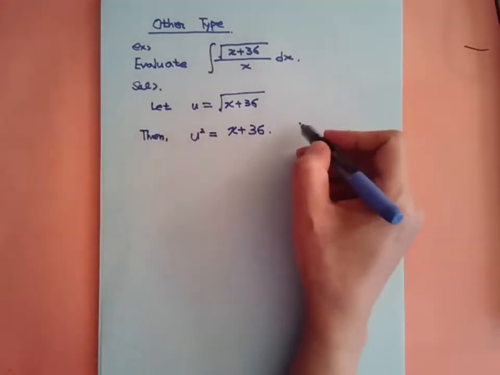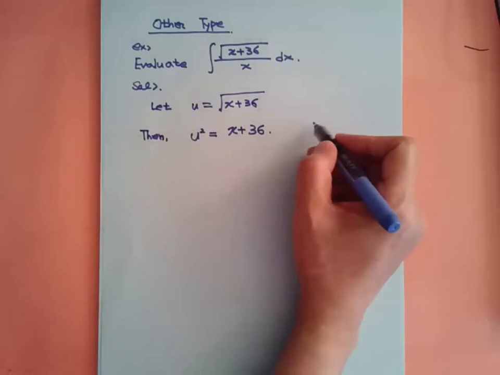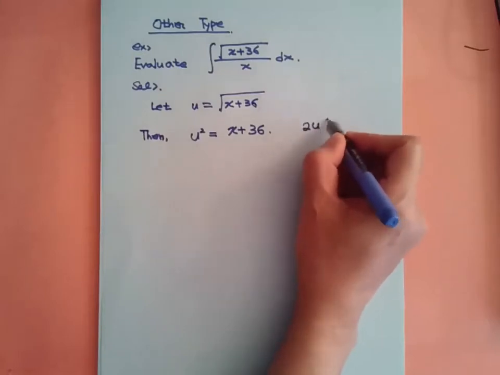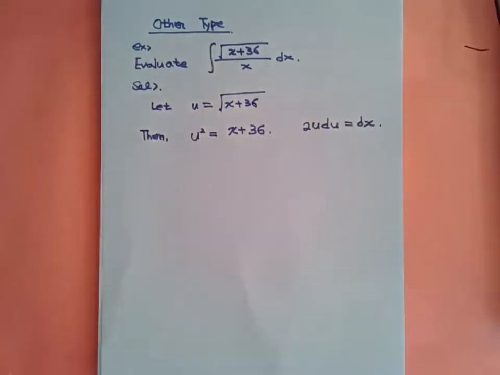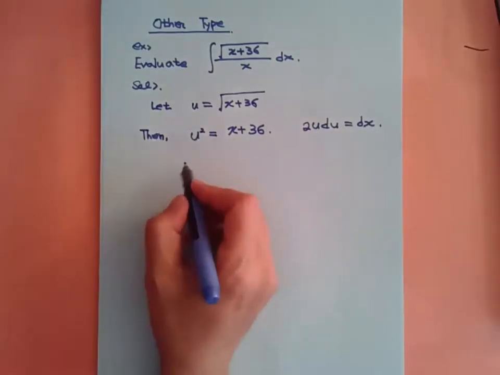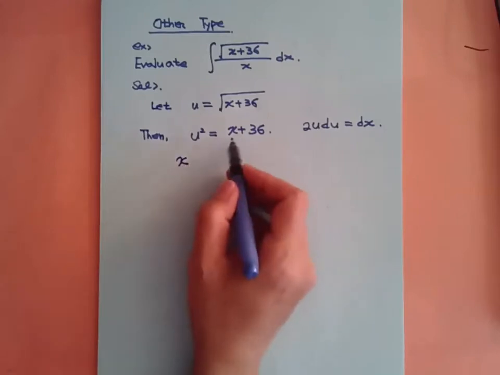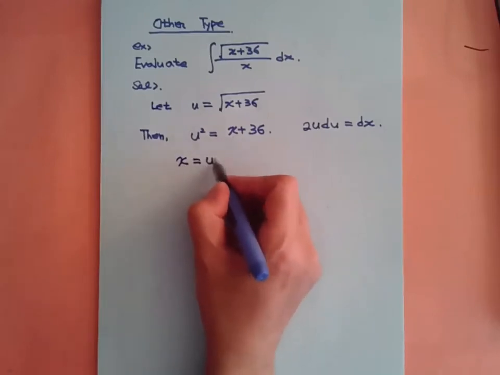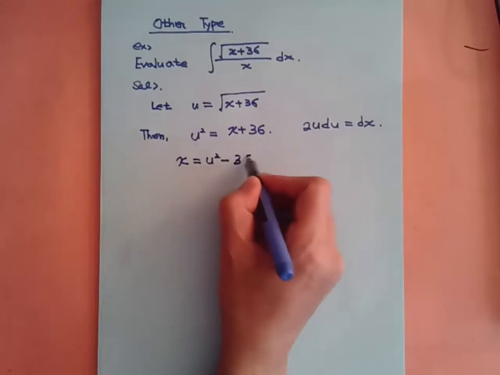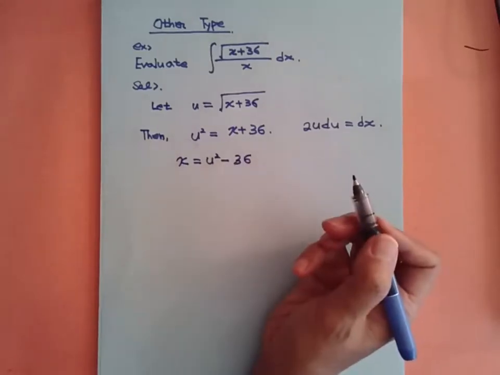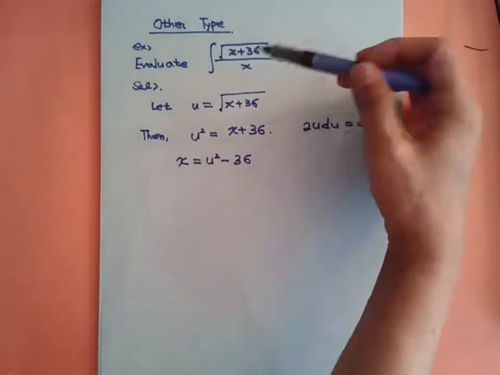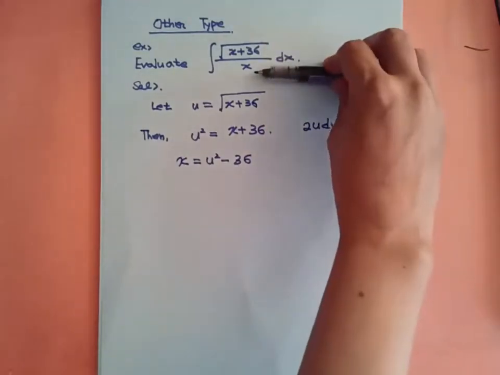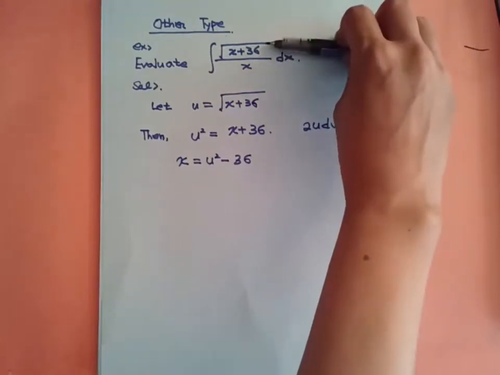Then we know 2u du equals dx, right? So in this case, x can be written as u squared minus 36. By doing this process, the degree in the denominator will be 2 and the degree in the numerator will be 1, right?